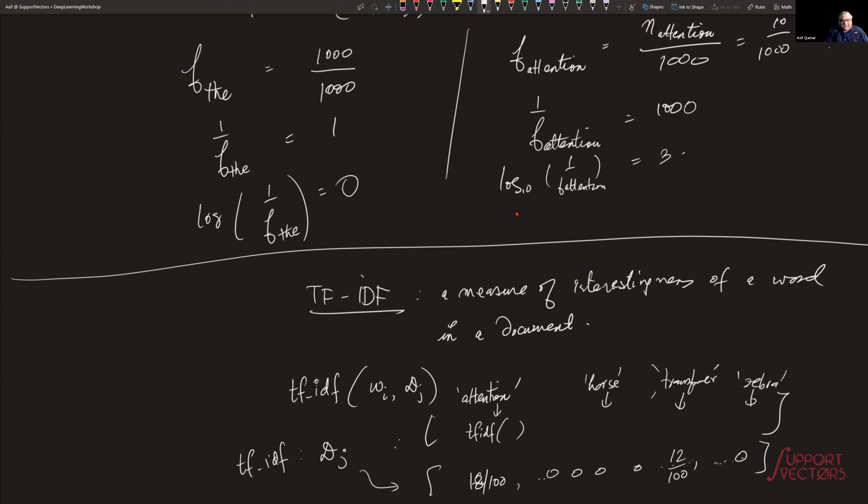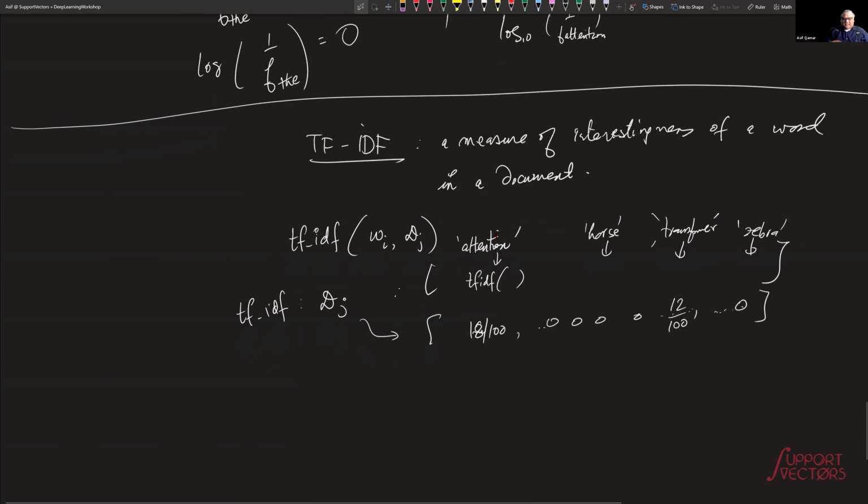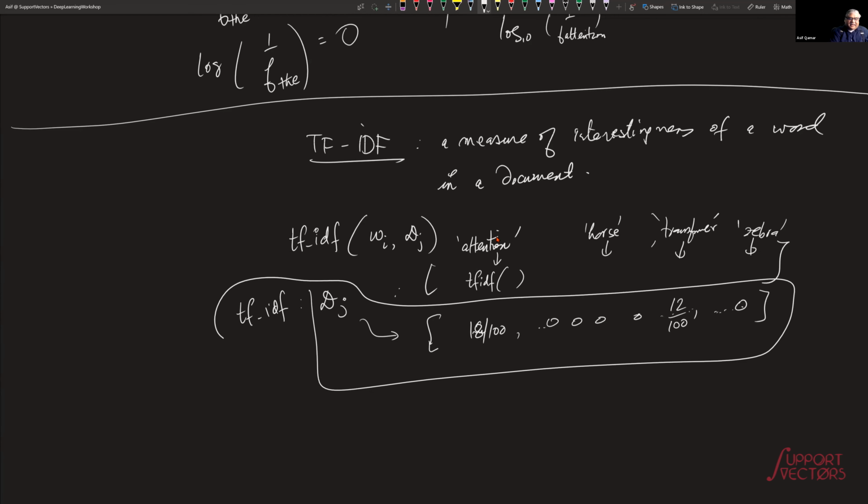When you do the TF-IDF for the entire vocabulary, then every document can be represented. And this is an interesting thing. We can create an array, right? Do we agree? We can create a TF-IDF array with respect to our document, such that each place in that array represents the TF-IDF of that particular word in the document.